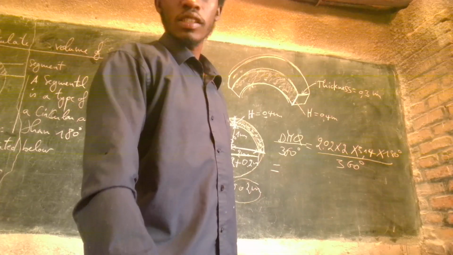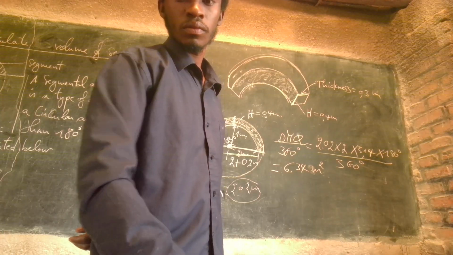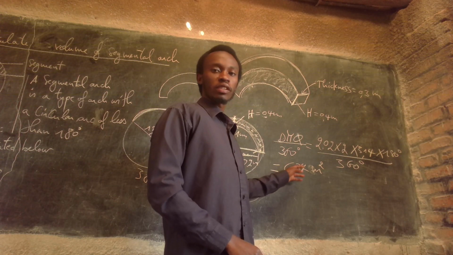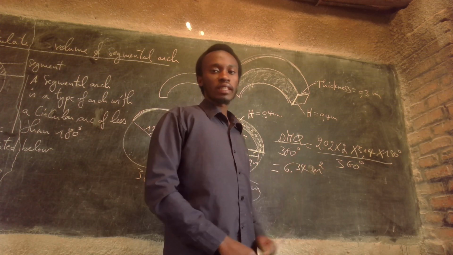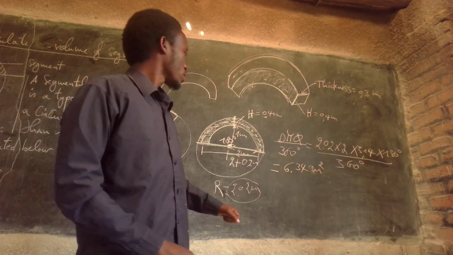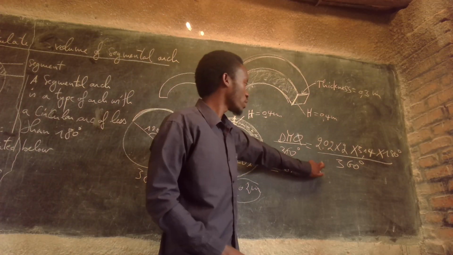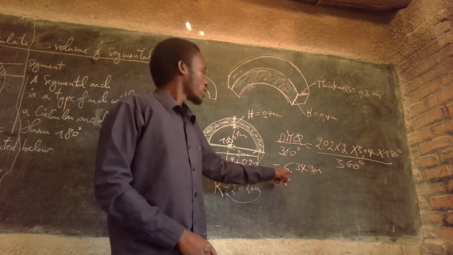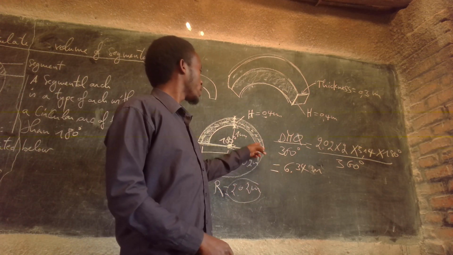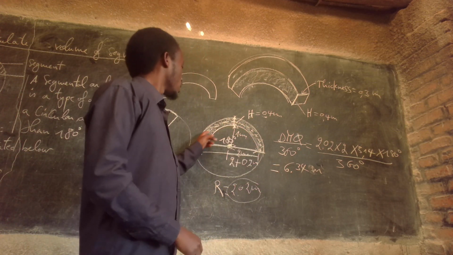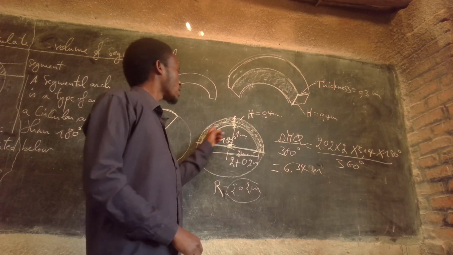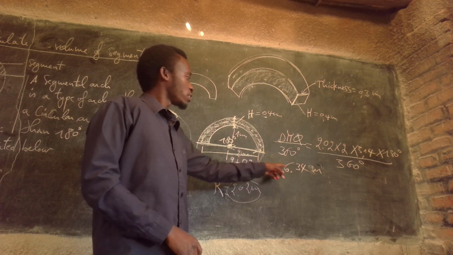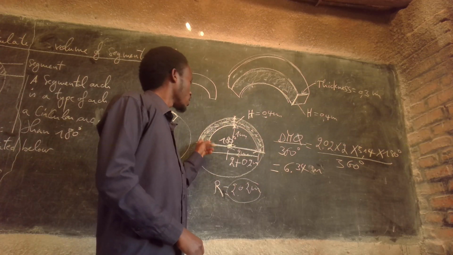This will give us 6.9 meters. This length is the length of this center line. This dashed line represents the center line in this arch.